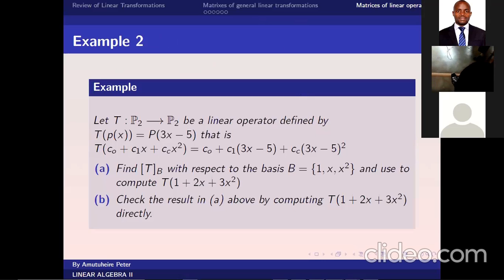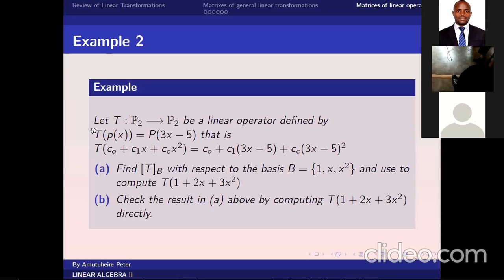So example 2 is a linear operator because we are mapping things from P2 to P2. And what is P2? P2 is a vector space of all polynomials of degree less than or equal to 2.